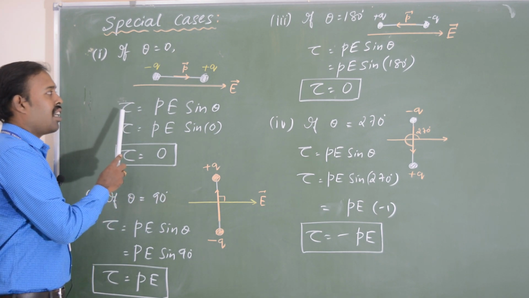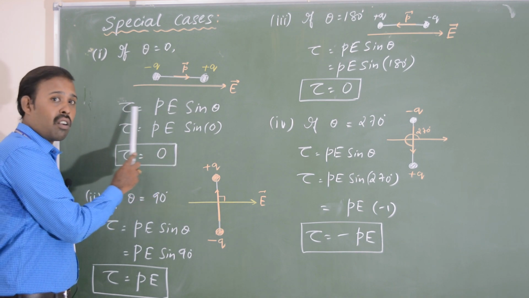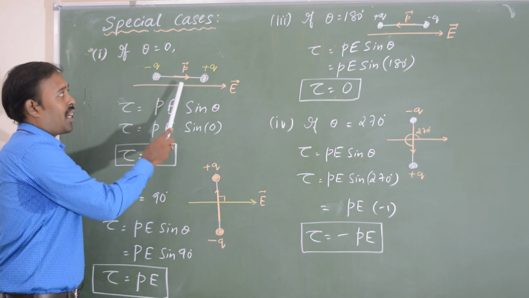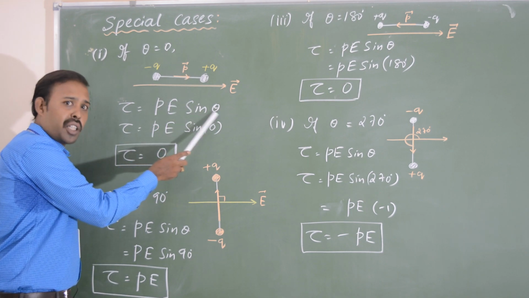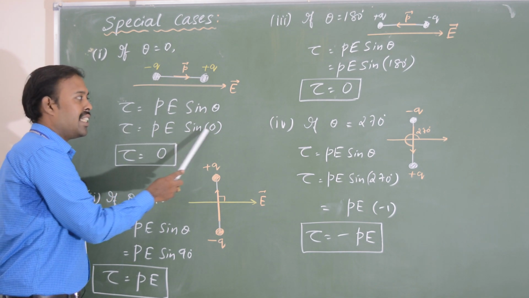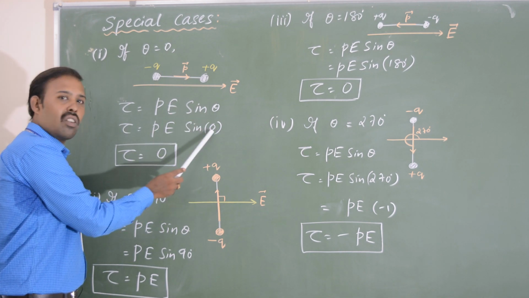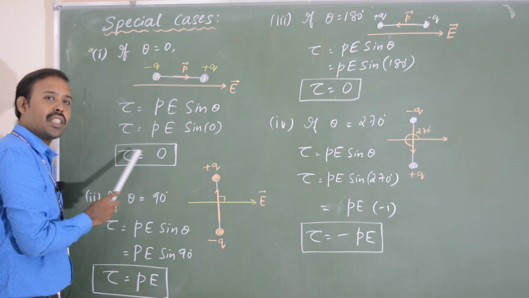We know tau is equal to PE sin theta. Substitute theta is 0 here. So tau is equal to PE sin 0. Sin 0 is 0. Therefore tau is equal to 0.